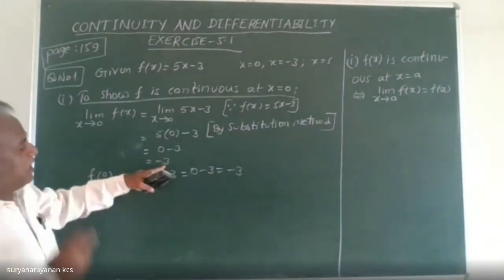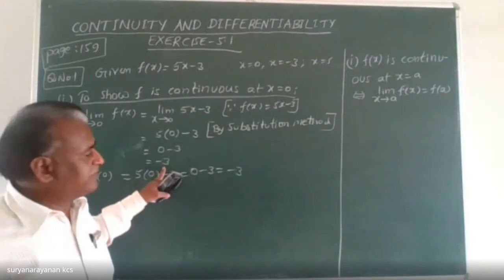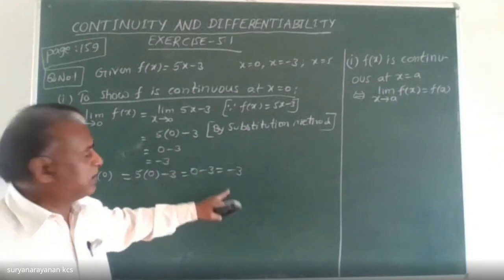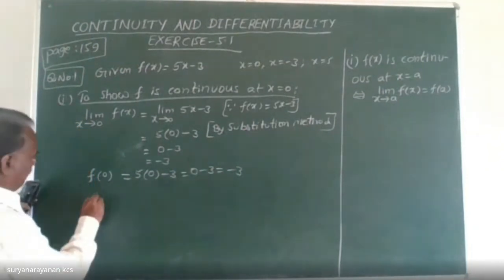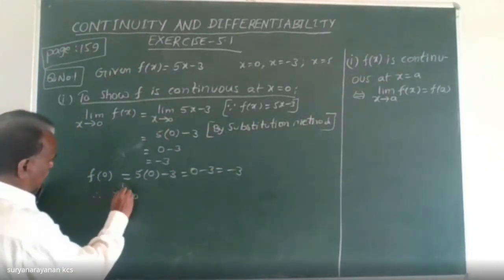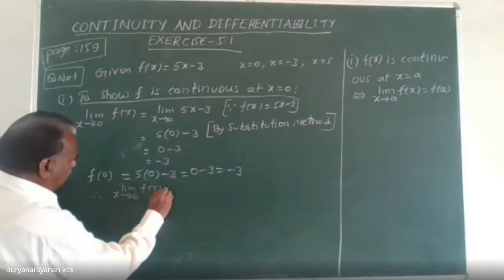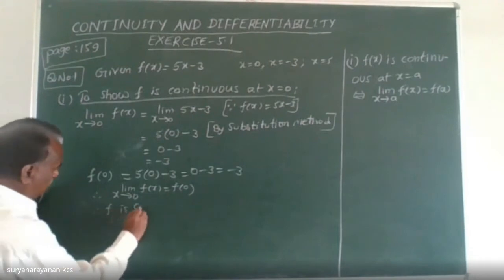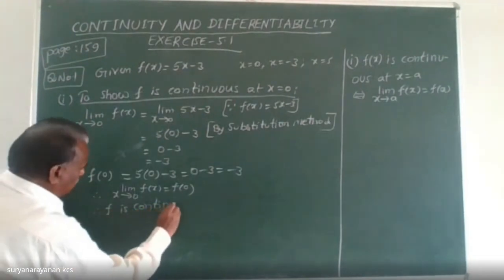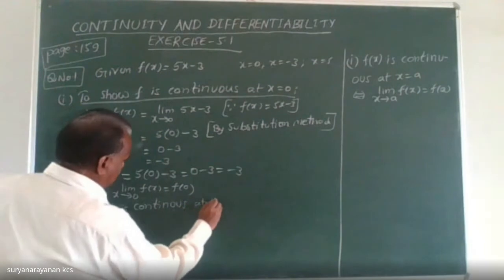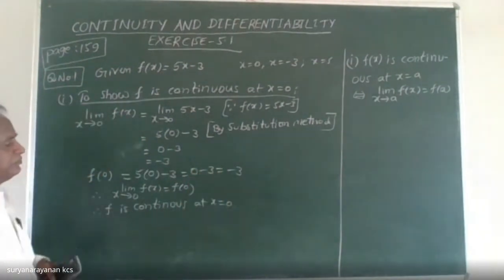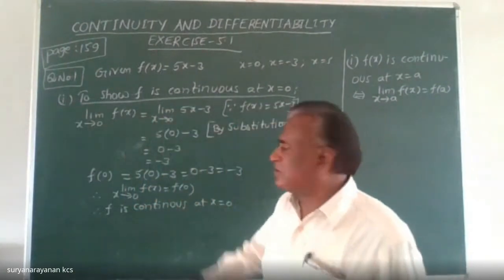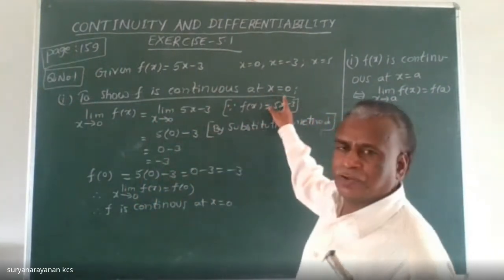So as x tends to 0, limit of f of x is minus 3, and f of 0 is also minus 3. Both values are same. Therefore, limit f of x as x tends to 0 is equal to f of 0. Therefore, f is continuous at x is equal to 0. So, we have proved that the given function is continuous at x is equal to 0.